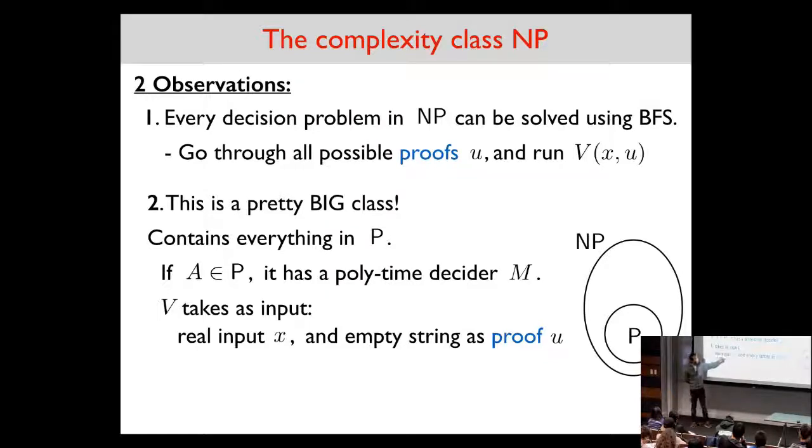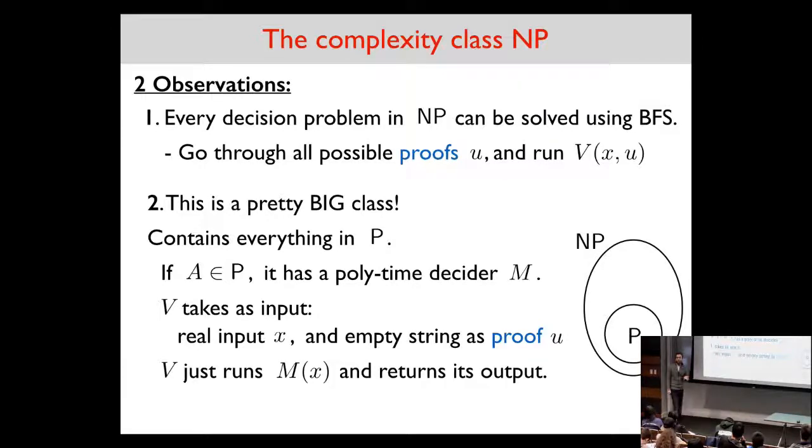But as the proof, it will just take the empty string, meaning I don't care about the proof. Why don't I care about the proof? Because V is just going to run this polynomial time decider M and return its output. It's saying, I don't need your proof. I can decide it by myself. Yeah, it's true.